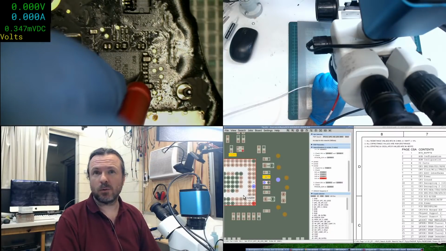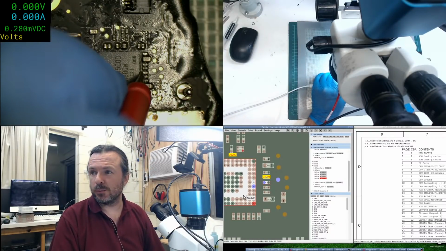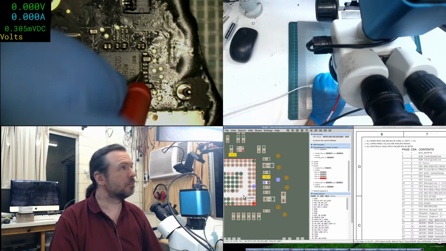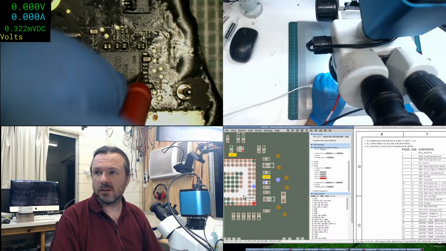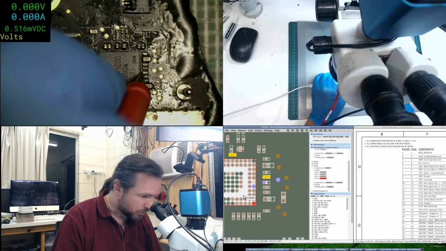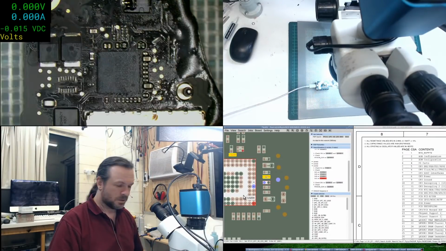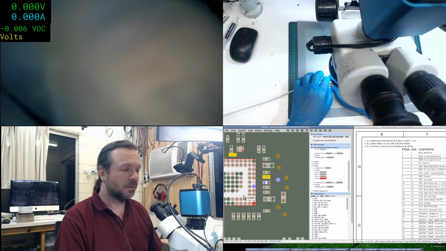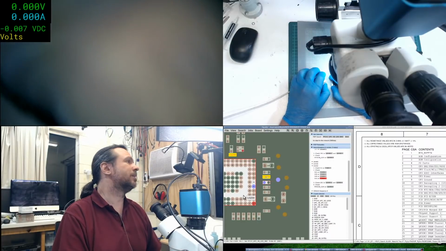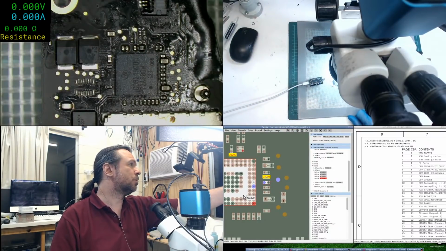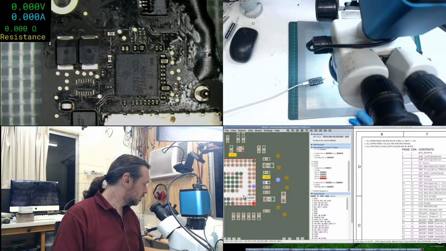Okay, so we don't seem to have 1.1. Instead we've got unknown trash. Disconnect that. Switch to ohms.